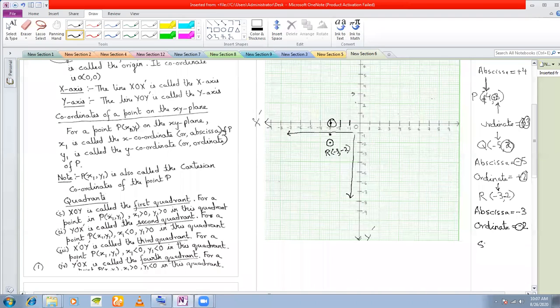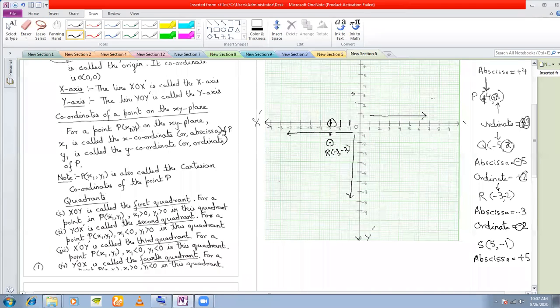Let us take a point S. Say I take this point as (5, -1). Now what happens? You see that the abscissa here is +5, which means that we have to move in the positive direction of x.